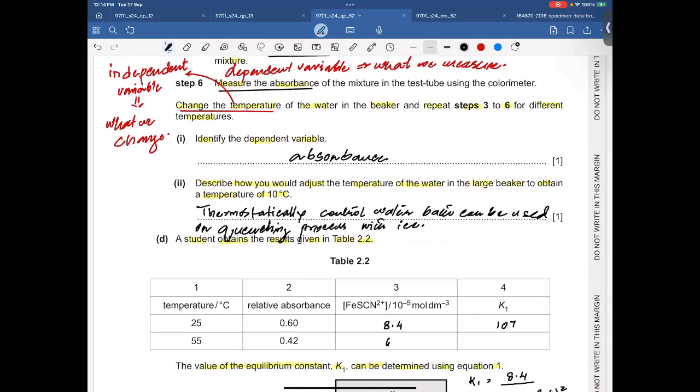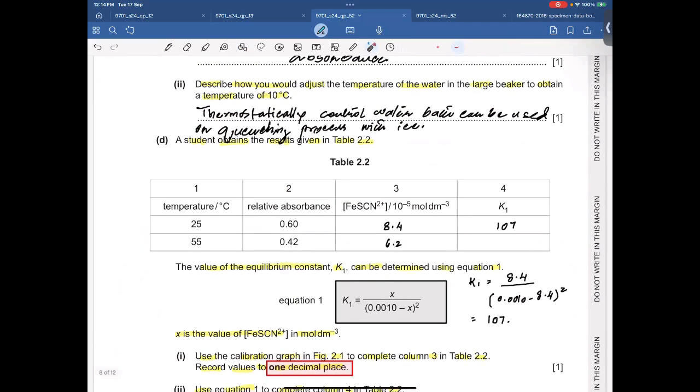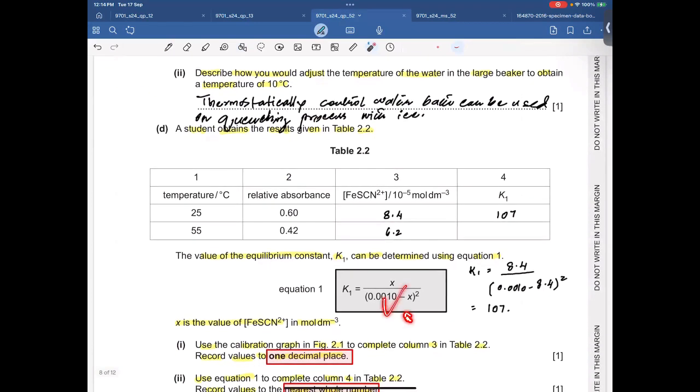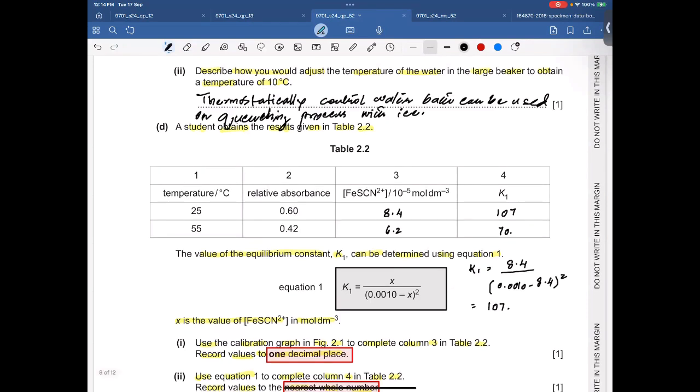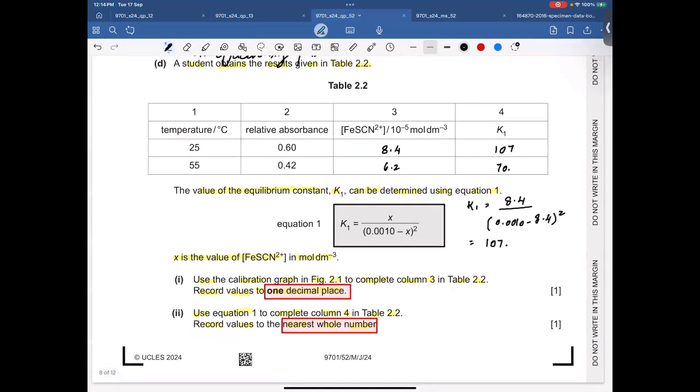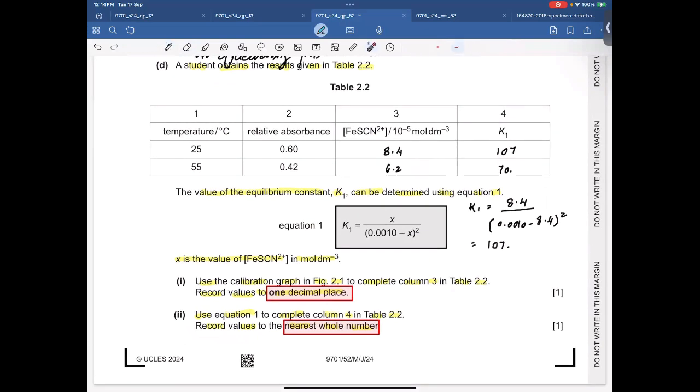So this is 6.2. If I use this value and plug in the values to get another answer, let me take out the answer. It's going to be 70. Okay. So this must be to one decimal place, and this must be to the nearest whole number. Okay.